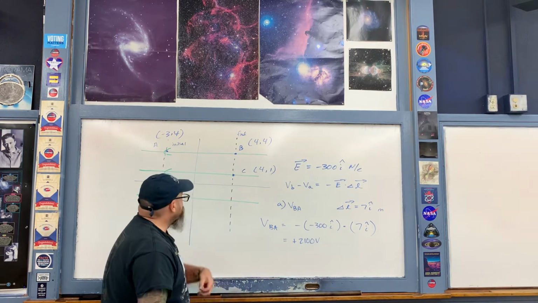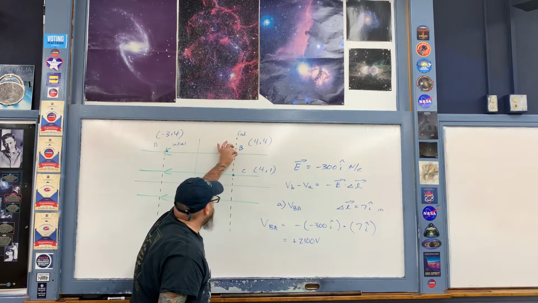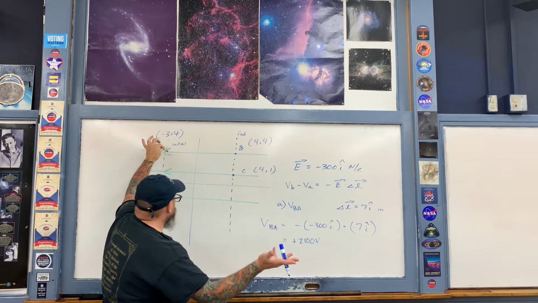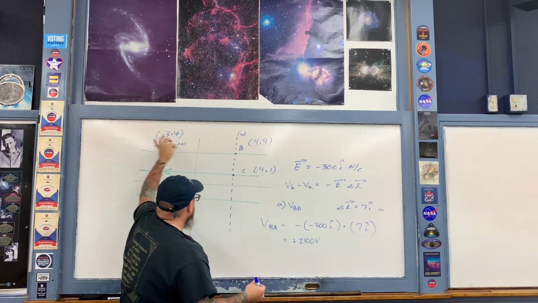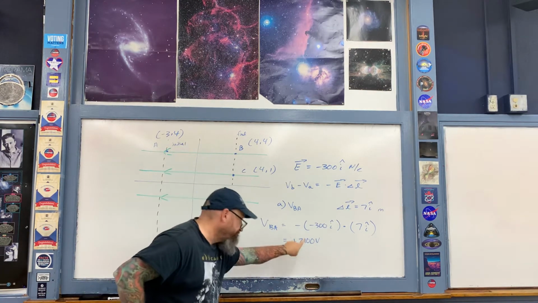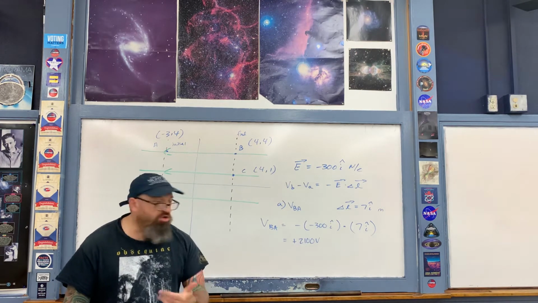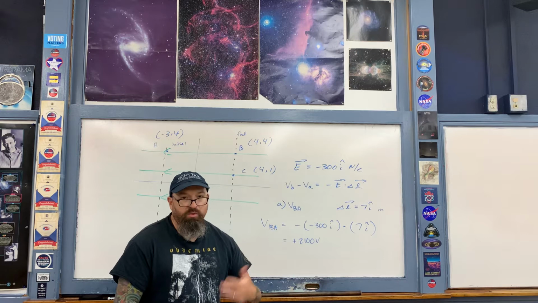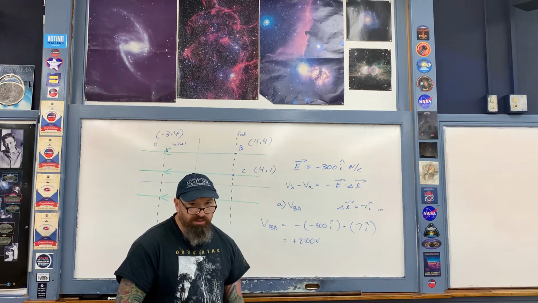So then therefore a positive test charge would fall from here to here on the diagram. Therefore the potential difference as we go from here to here, low potential to high potential, has to be a positive number, as it is. So once again, you just follow the math, and then the math tells you what has to happen. Okay, watch this occur for the remaining part of the example.